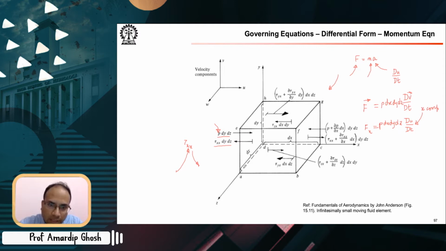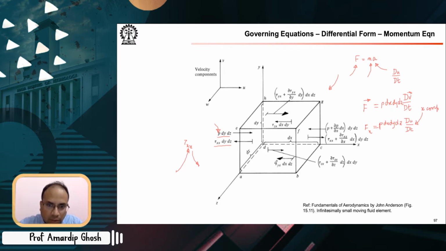So what I'm saying is, you find the pressure, and then the product of the pressure with the area of this cross section gives you the normal force on this surface. But then you also have this tau xx, which results from the viscous nature of the flow. Typically, we think that viscosity gives rise to tangential forces.